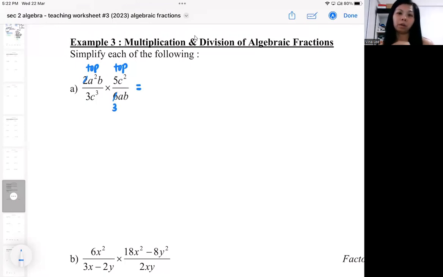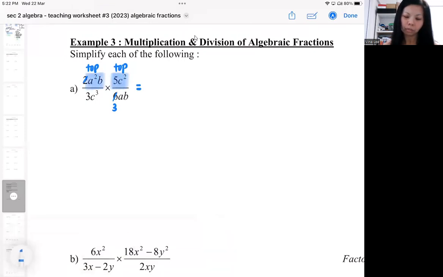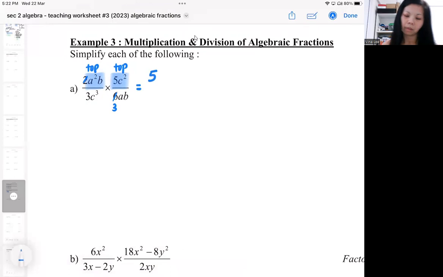So we try to be organized first in the top times top. When I do the top times top, I organize in terms of numbers first, and then in terms of the alphabet, so I try to keep it in alphabetical order. In the denominator, I also try the same thing.